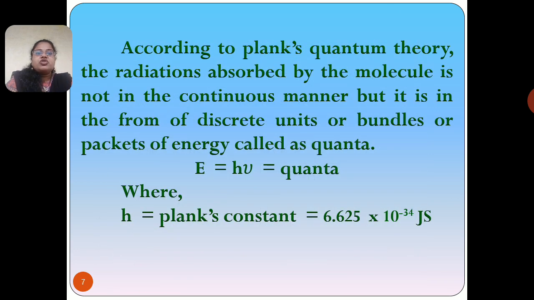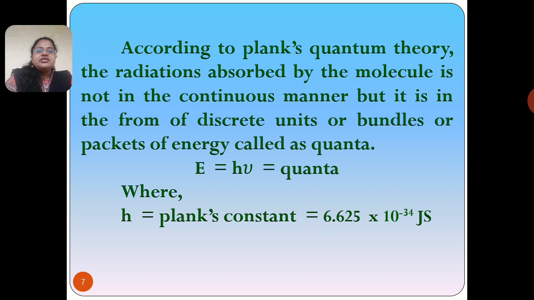As per Planck's quantum theory, the radiation absorbed by the molecule is not in a continuous manner, but in the form of discrete units, bundles or packets of energy. It is called a quanta. In short, the quanta is the bundle or packet of energy.